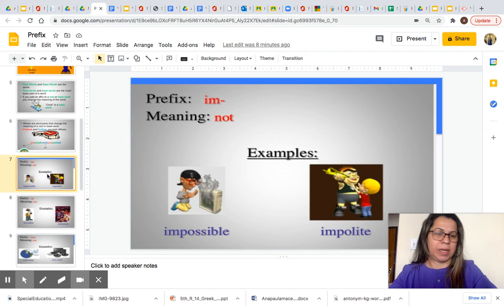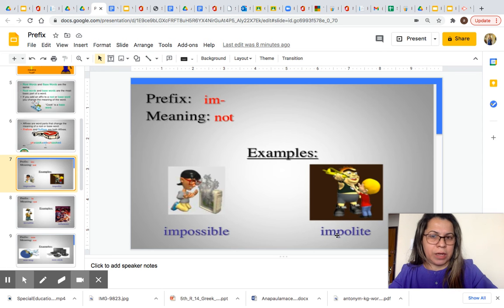Let's move on and look at a few examples of prefixes. First, we are going to learn about the prefix "im," which means not. Impossible. What is something impossible? Look, she's looking here and this is impossible. It is not possible.